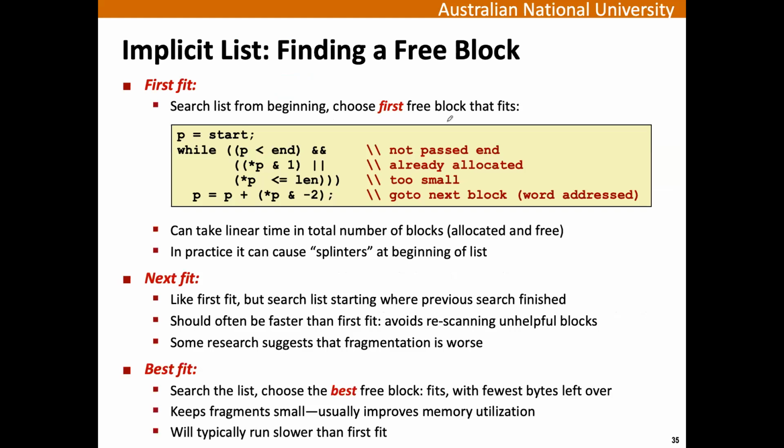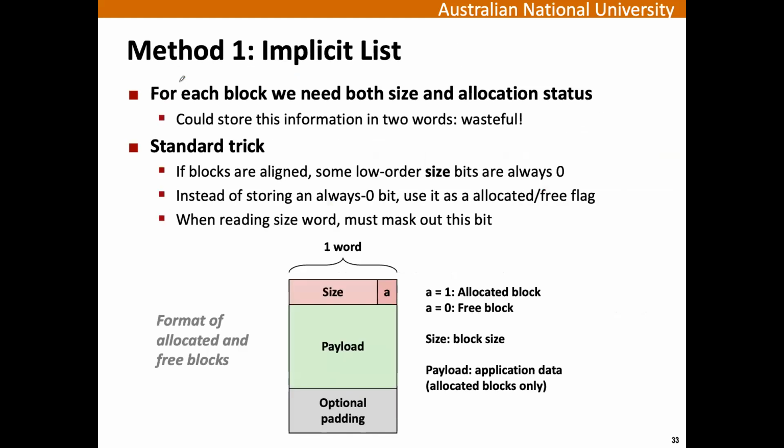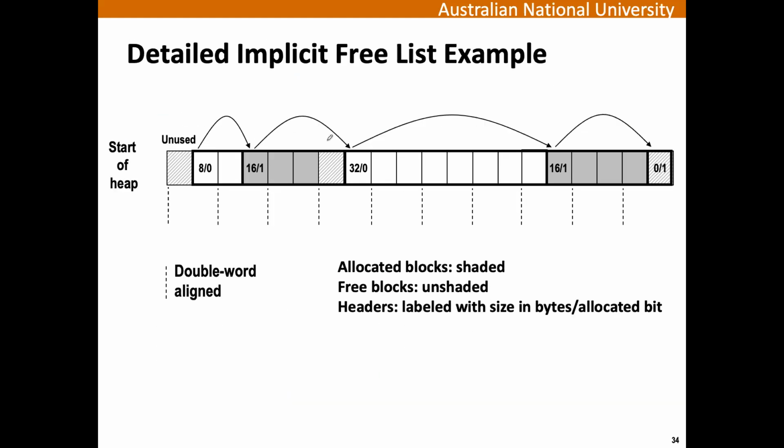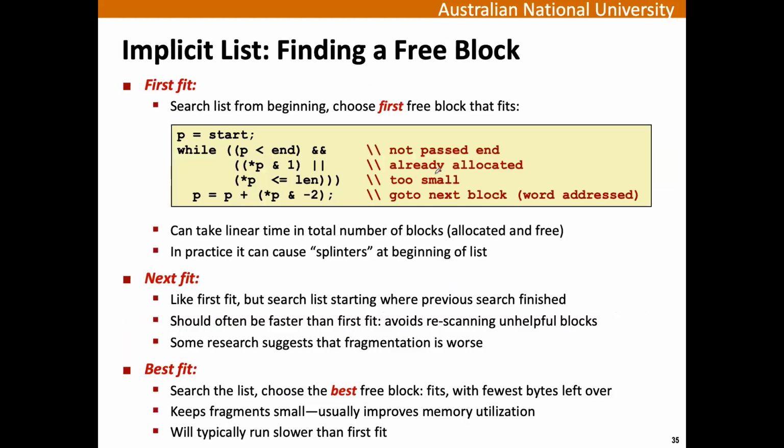So there are different placement policies. If we take this free list as an example, and the user asks for a 4-byte block, then we have a number of options. Which one we pick is decided by our placement policy. First fit is the fastest: the first block that you find that has enough bytes to satisfy the user request, you just pick that block.